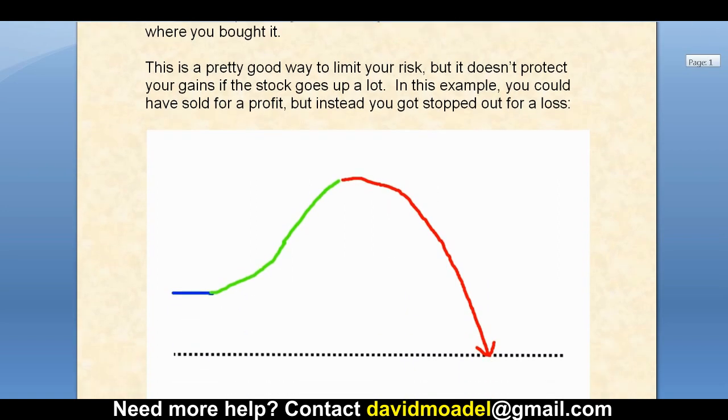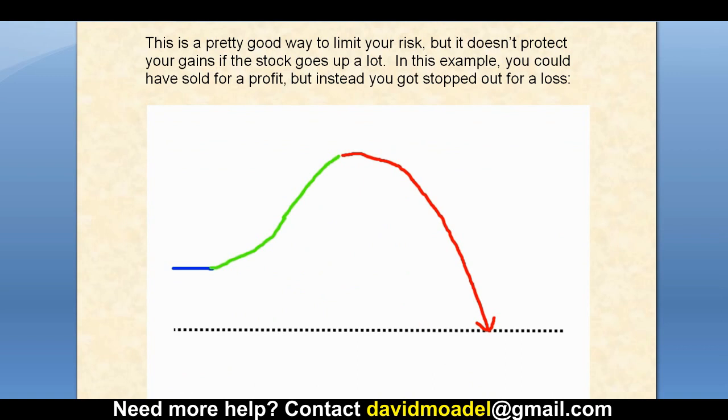I drew this chart here as best as I could. Okay, so in this example, you could have sold for a profit, but instead you got stopped out for a loss. So this is one of the more frustrating aspects of normal stop losses, right? So let's say you bought the stock at this price and you put your stop loss here. Okay, and the stock goes sideways, and then it goes up and up and up, and then you know what happens a lot of the time, right?